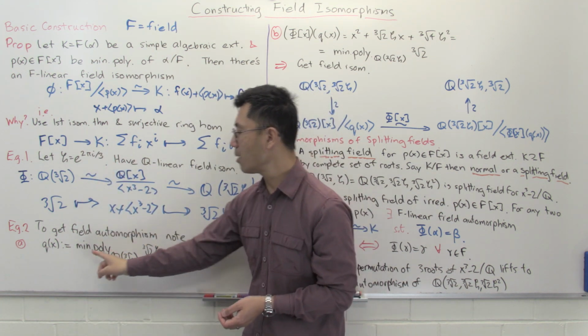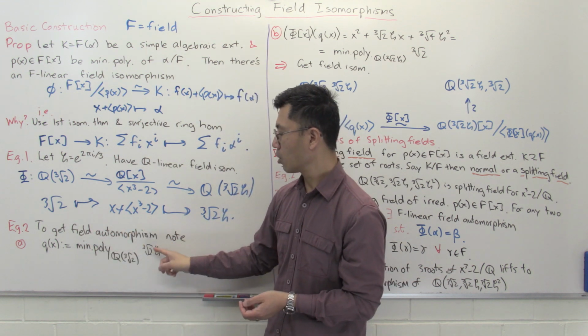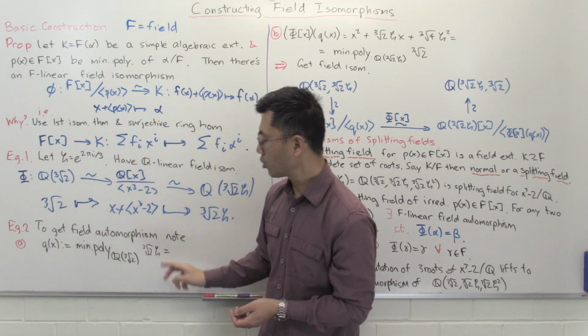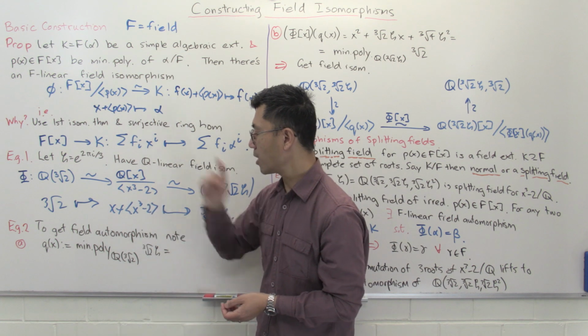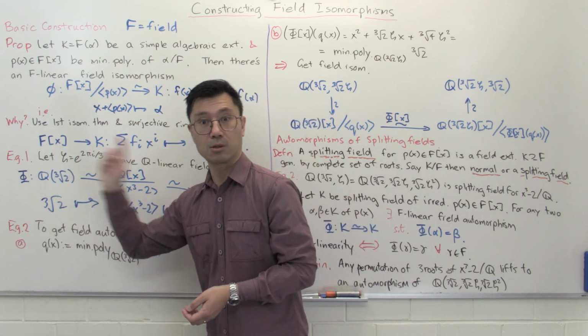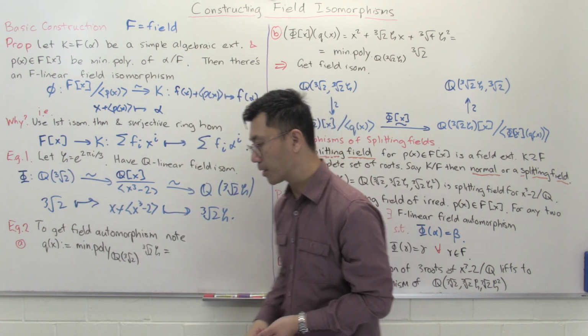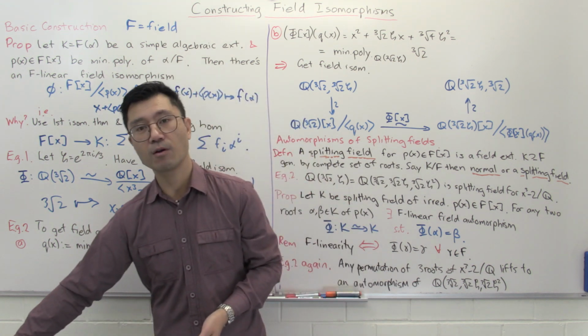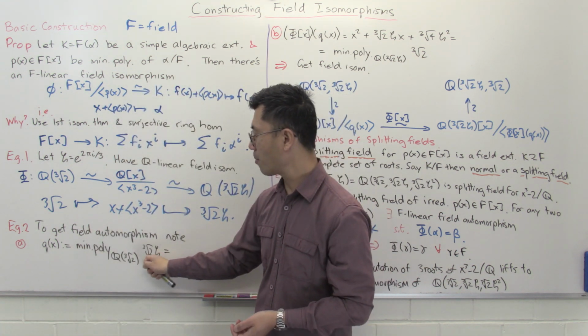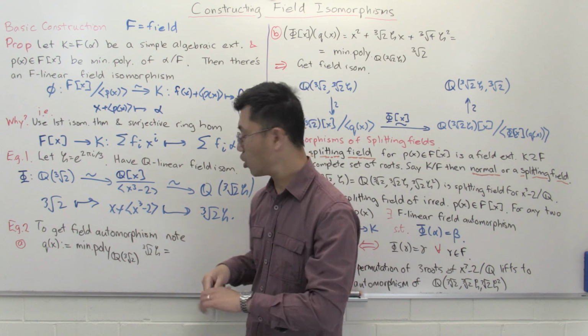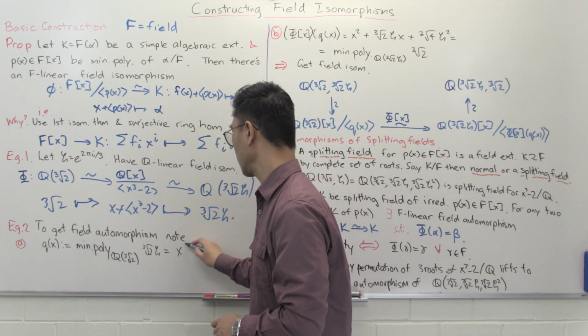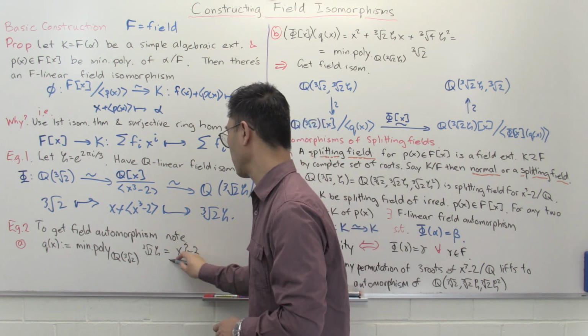So let's look at the minimal polynomial of cube root 2 zeta, not over Q, which would be this one here, but over this bigger field. So firstly, remember, the minimal polynomial of cube root 2 zeta over Q is x cubed minus 2.